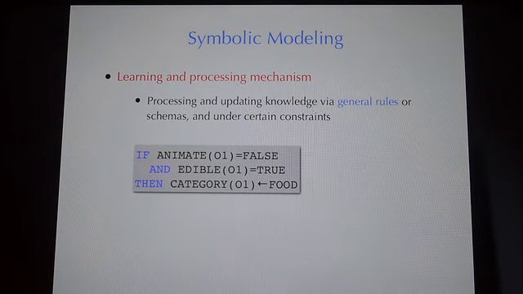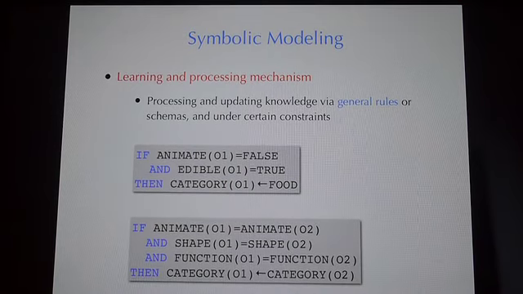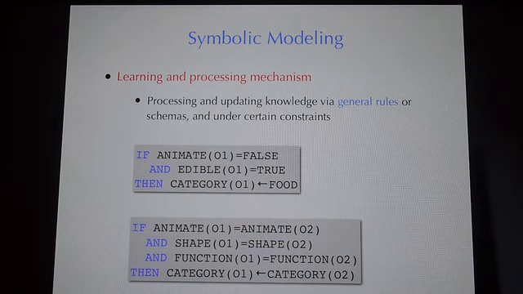Some of the rules can be a bit more meta level. For example, this rule, take a look at it and try to see if you can understand what this rule implies. It basically says if the animacy of object 1 and object 2 is the same, so they're both animate or both inanimate, and they have the same shape, meaning they have the same value for the attribute shape, and if they perform the same function, then they must belong to the same category.